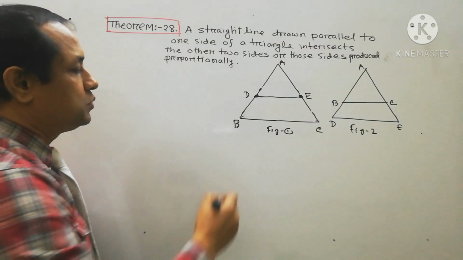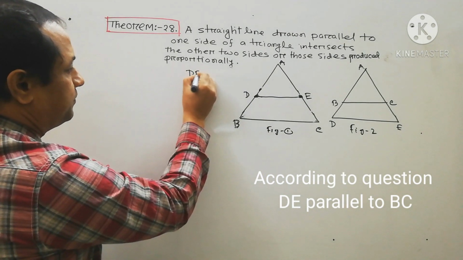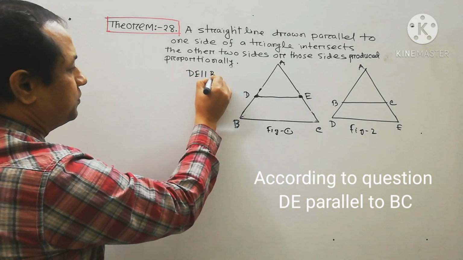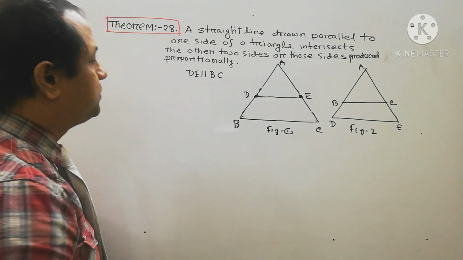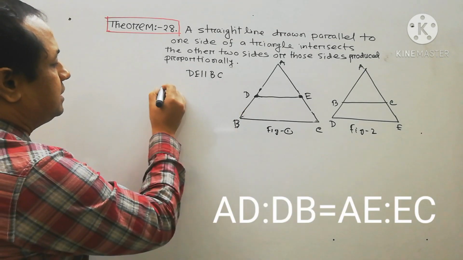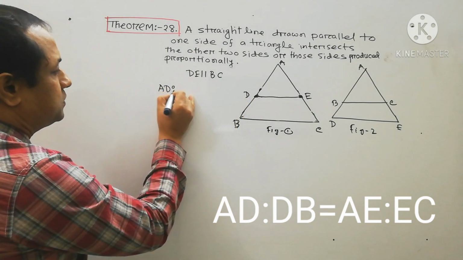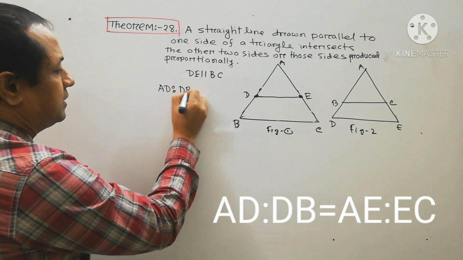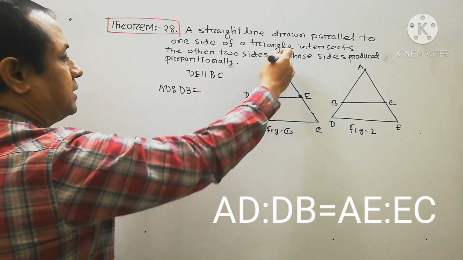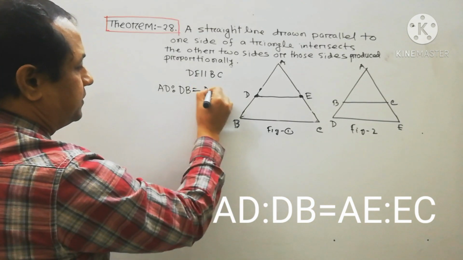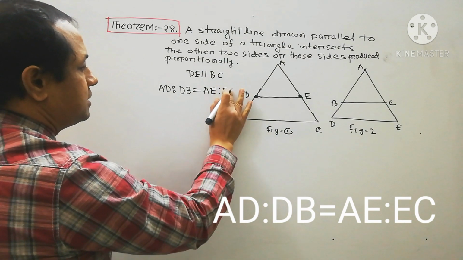So it is required to prove that, students, here DE is parallel to BC, that AD is to DB equals AE is to EC.